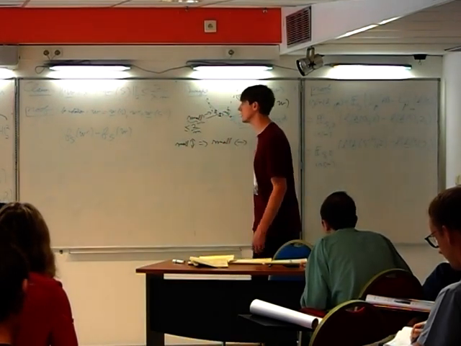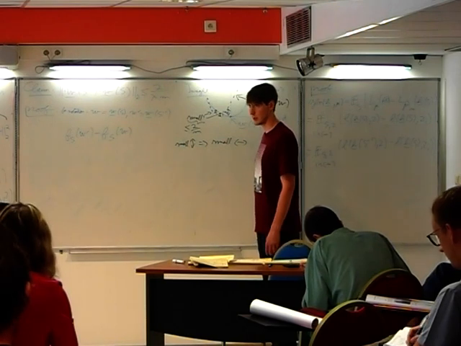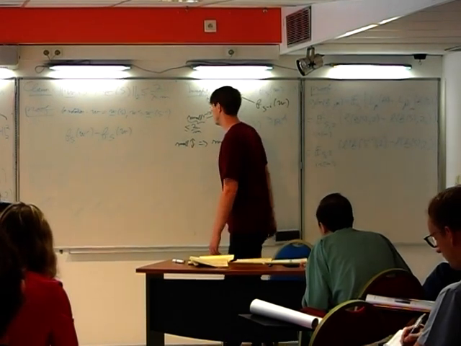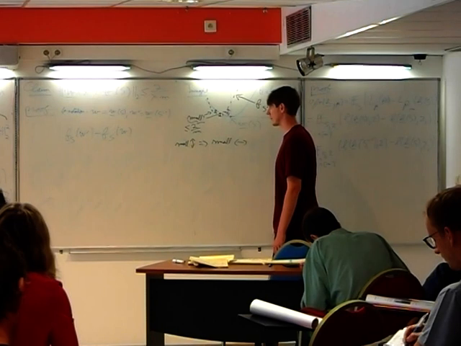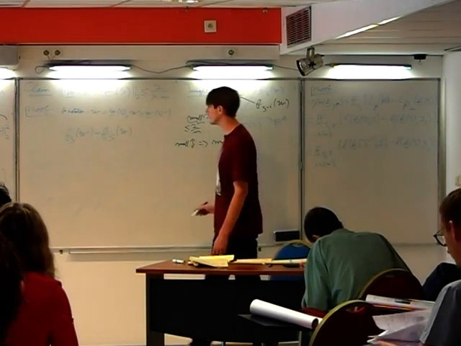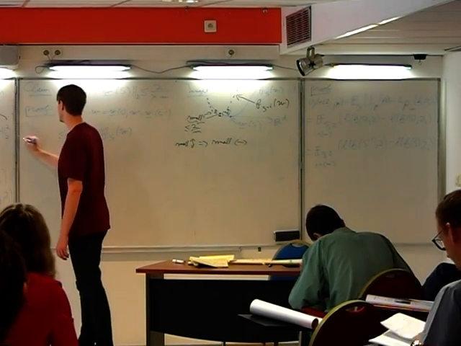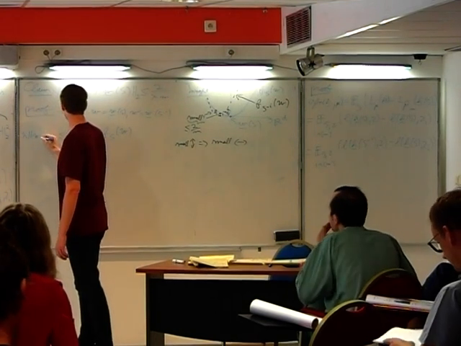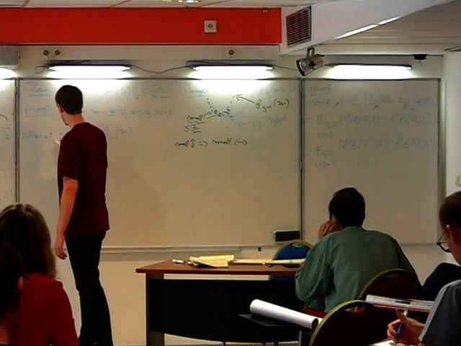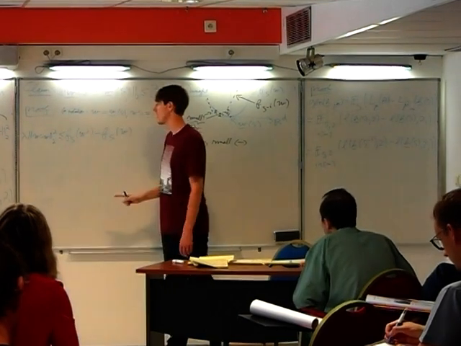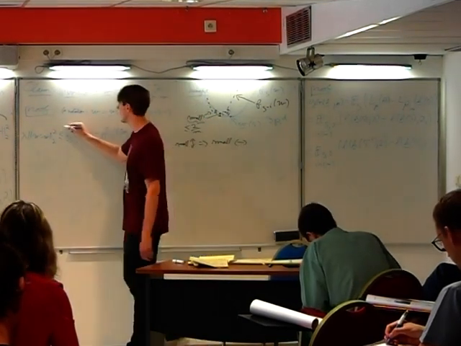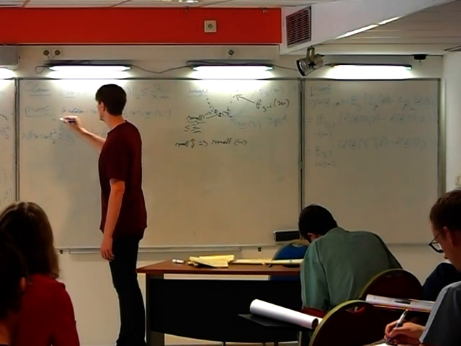Let's look at this objective function. This thing is larger than lambda times the Euclidean norm of W prime minus W squared. Why? This is lambda strong convexity.